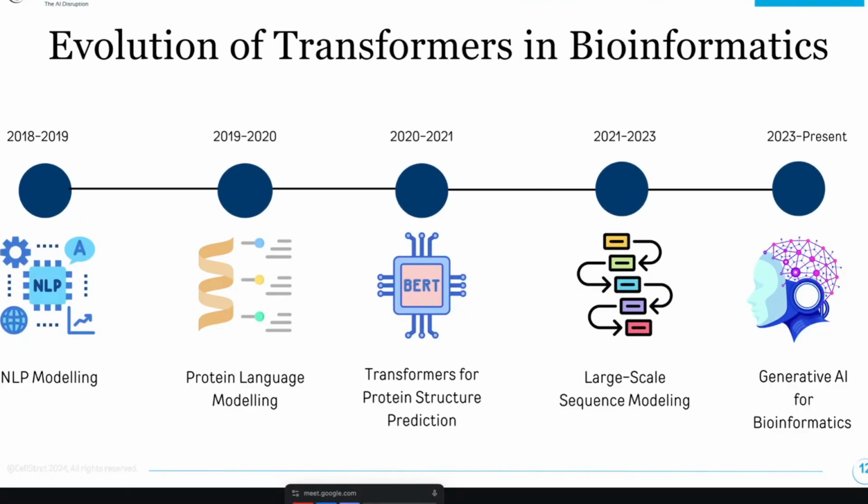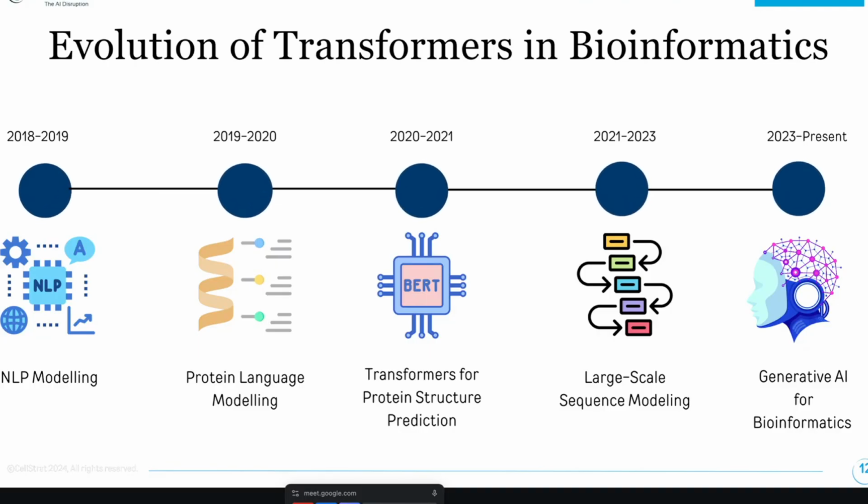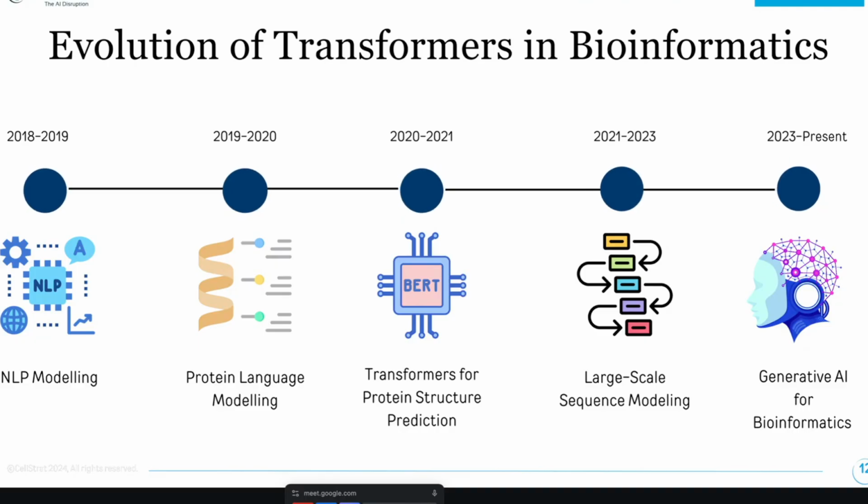And then tools like AlphaFold. Right now we have the third version of AlphaFold, which is expanding into drug target interaction, ligand binding, and cellular modeling. So with all of these tools, you can see how the transformer model has evolved across just the span of 5 years.